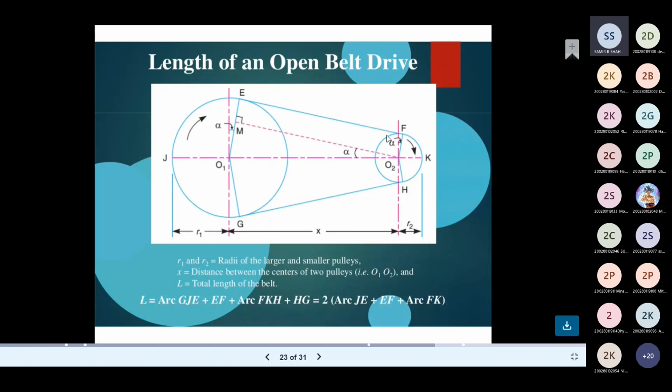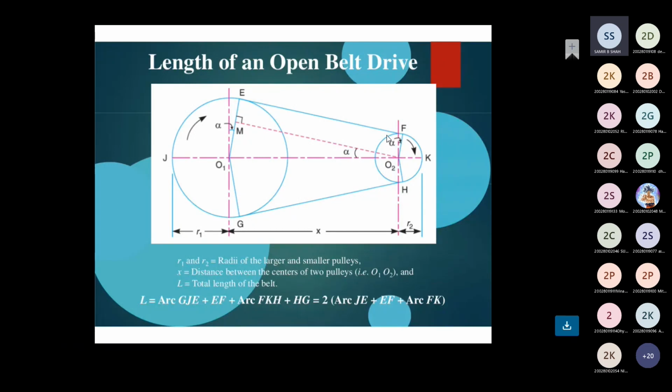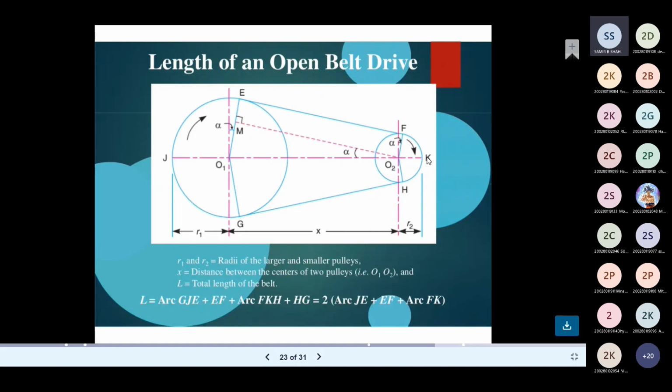And for CD, we use the rule of Pythagoras. As we know, CD is equal to MO2, and MO2 is equal to O1O2 square minus O1M square.